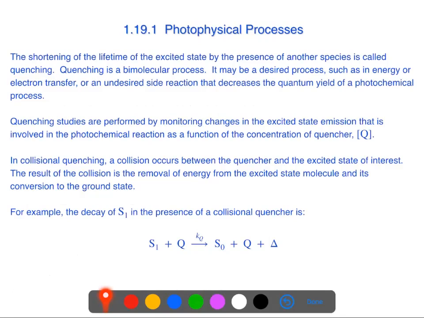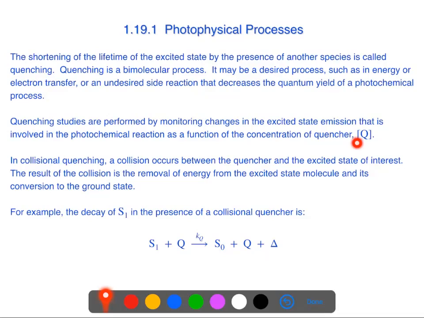It may be a desired process, such as in energy or electron transfer, or it may be an undesired side reaction that decreases the quantum yield of a photochemical process. Quenching studies are often performed by monitoring changes in the excited state emission that is involved in the photochemical reaction as a function of the concentration of a quencher.